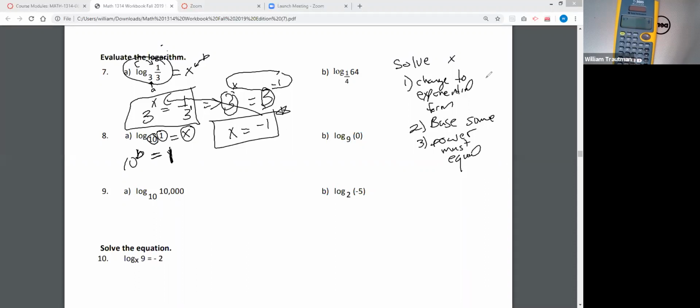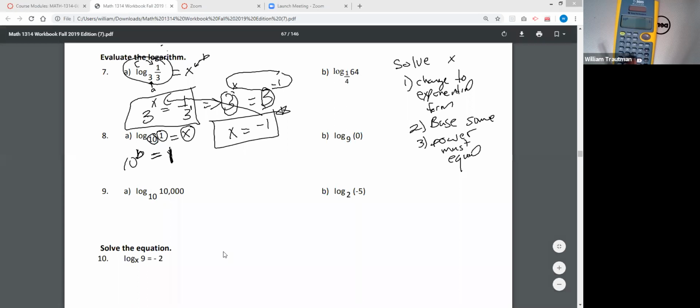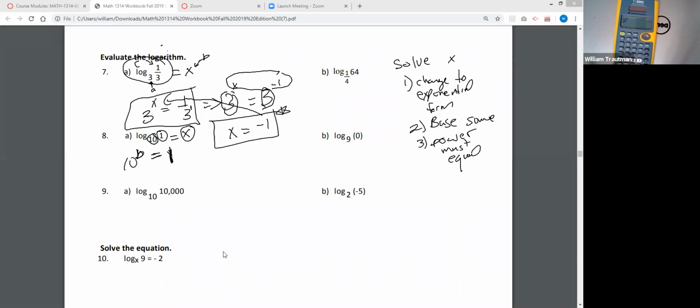On your calculator, try 10 raised to the 0 power. You get 1. Remember, I could have done 8 raised to the 0 power. You get 1. 5 raised to the 0 power.